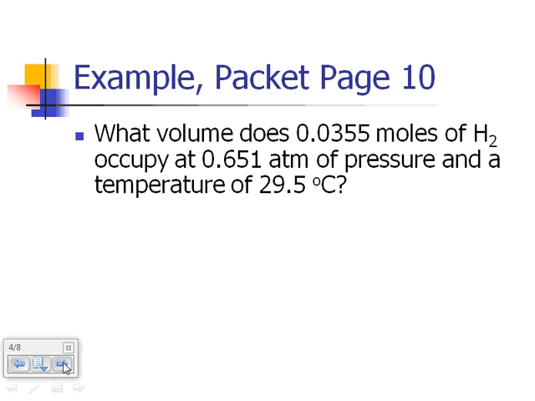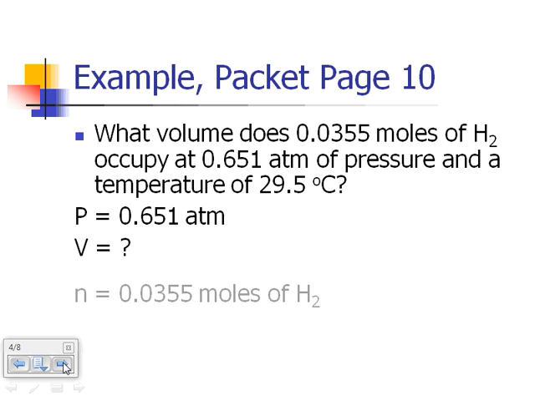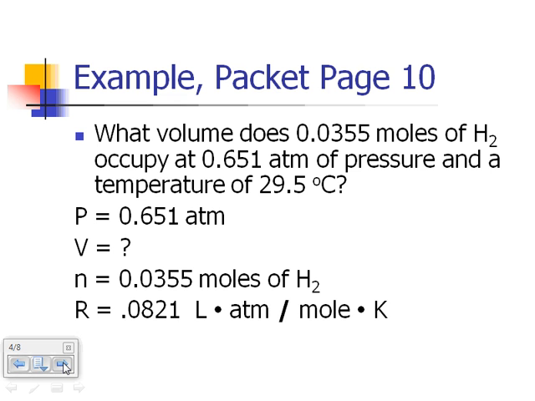Let's do an example. What volume does 0.0355 moles of hydrogen occupy at 0.651 atmospheres of pressure and a temperature of 29.5 degrees C? First thing you're going to want to do is write down your knowns and unknowns. PV is equal to nRT.